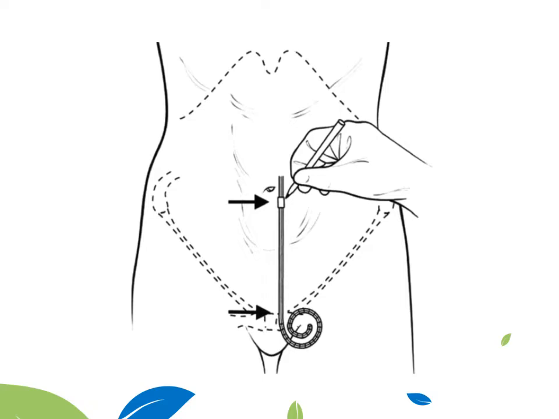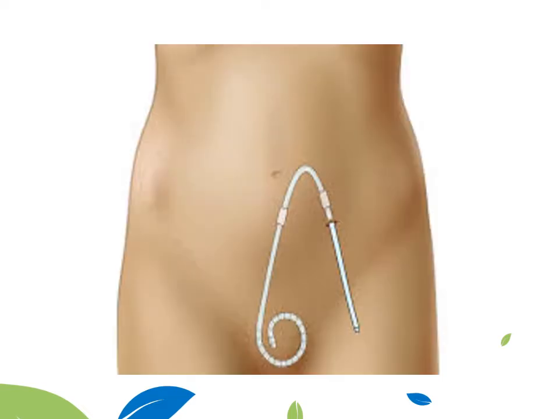The coil of the catheter should be in the Douglas pouch of the patient, like we see here. This is the original shape of the Tenckhoff catheter, but this is the coiled form, not the straight form. The coiled part, or if it's straight, should be in the Douglas pouch of the patient.